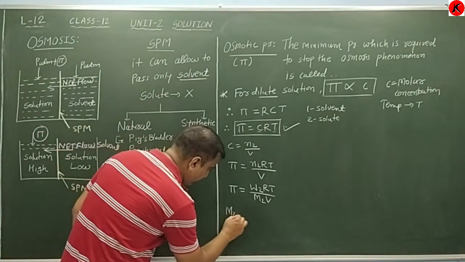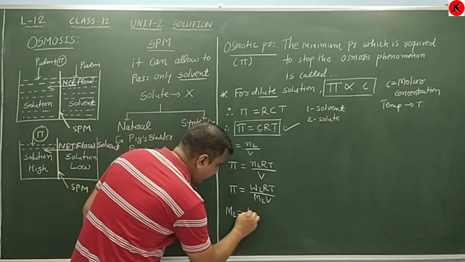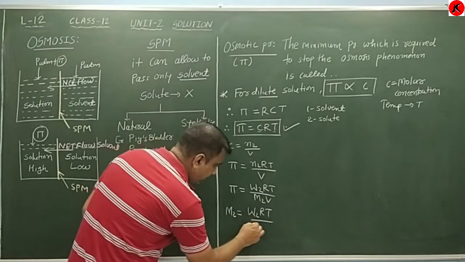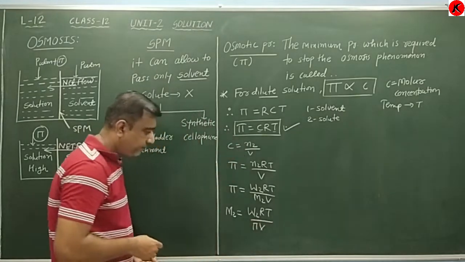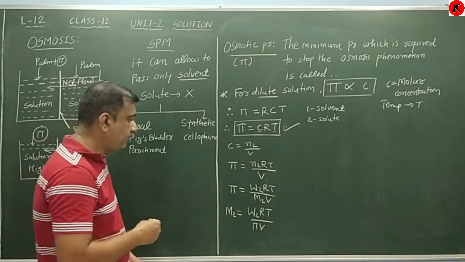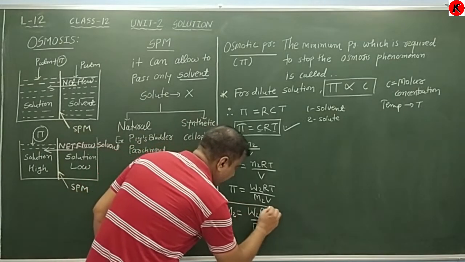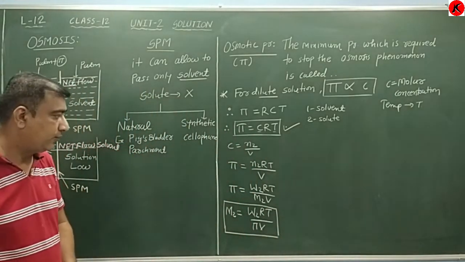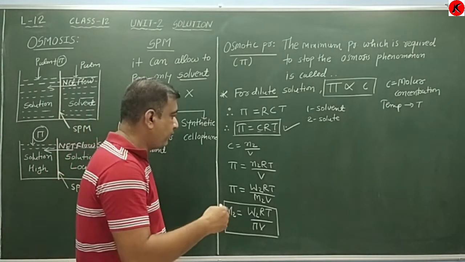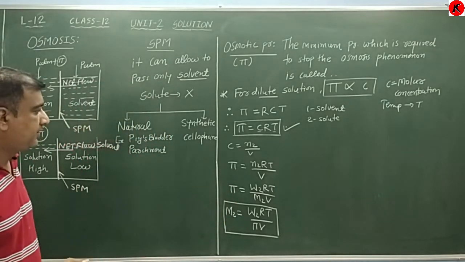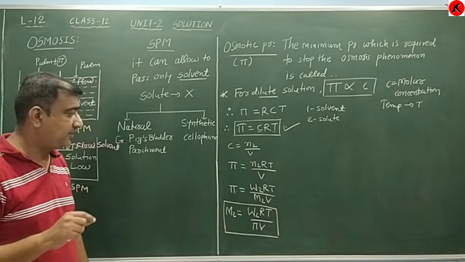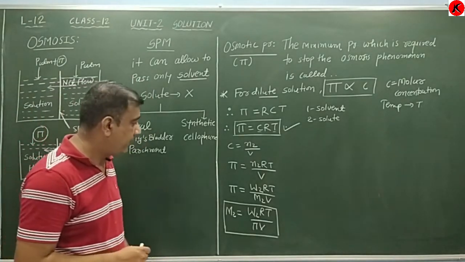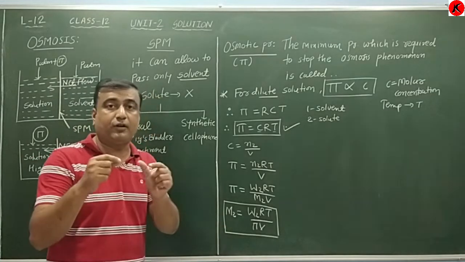That means M2 equals W2 RT upon pi V. So this is also one of the methods to calculate the molar mass of solute. We have 4 methods. First one is based on lowering in vapor pressure, second elevation in boiling point, third depression in freezing point, and finally based on osmotic pressure.